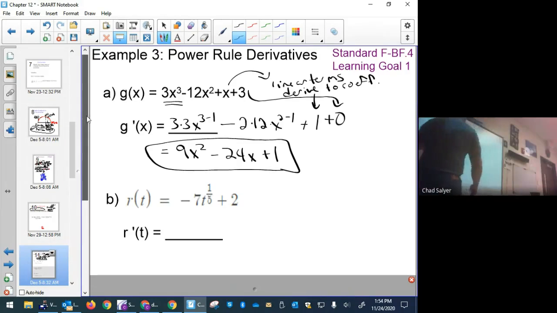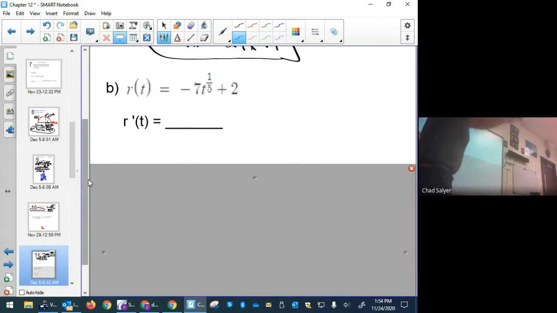All right, B is a little more challenging here. In this case, notice I've got a fractional exponent. So the exponent comes out front, and I'm going to move this negative sign outside the term. Only put the negative sign once. Don't put it in two places or it'll be a sign error.